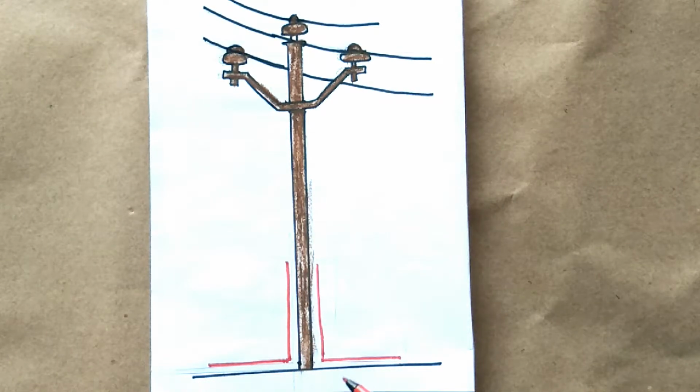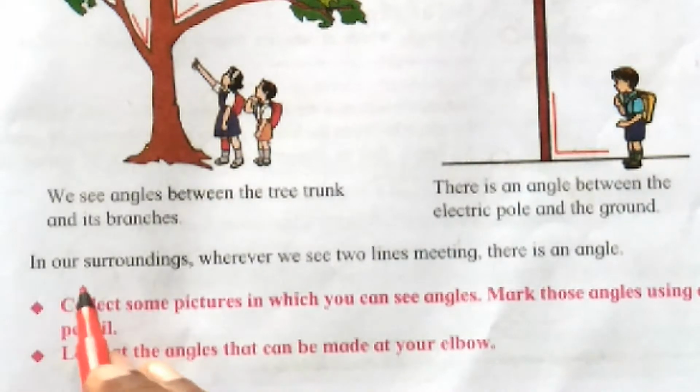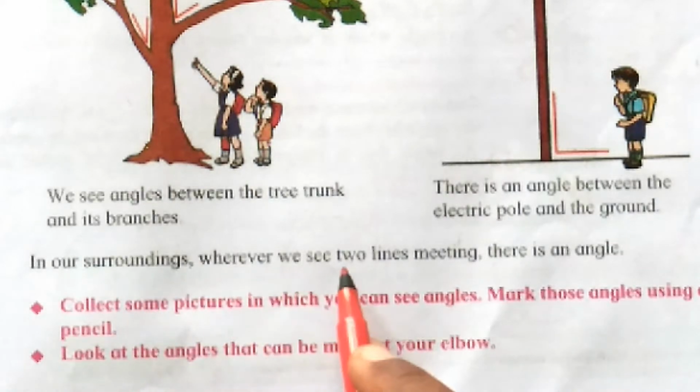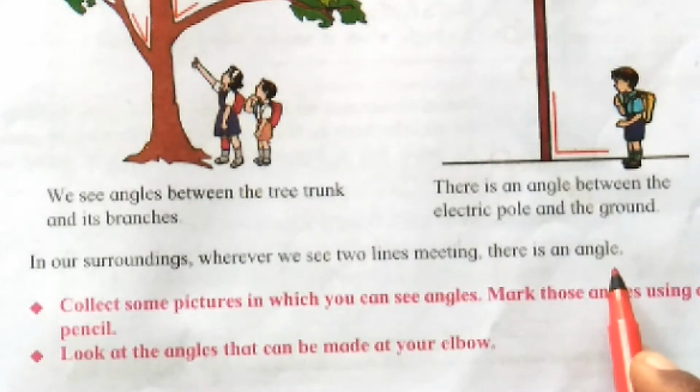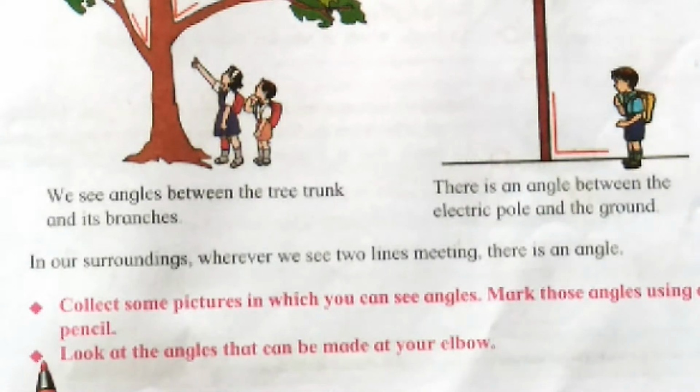Children, I think now you better understand about angle. In our surroundings, wherever we see two lines meeting, there is an angle. Children, collect some pictures in which you can see angles.